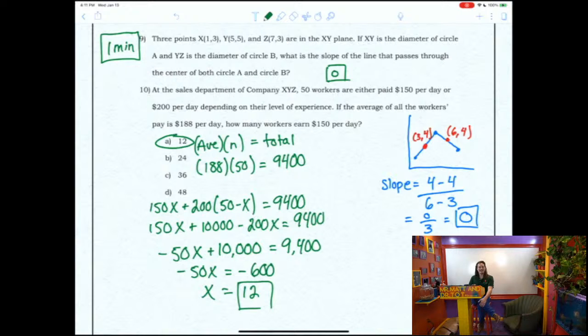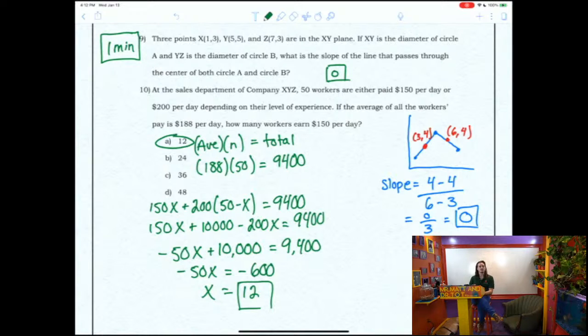Well, if we let x, the unknown, equal the number of workers who make $150 a day, then we can write 50 minus x to represent the number of workers who make $200 a day, basically everybody else. Notice that if there was another level of pay that we didn't know, with an unknown number of employees receiving that amount, this problem would not be able to be solved.